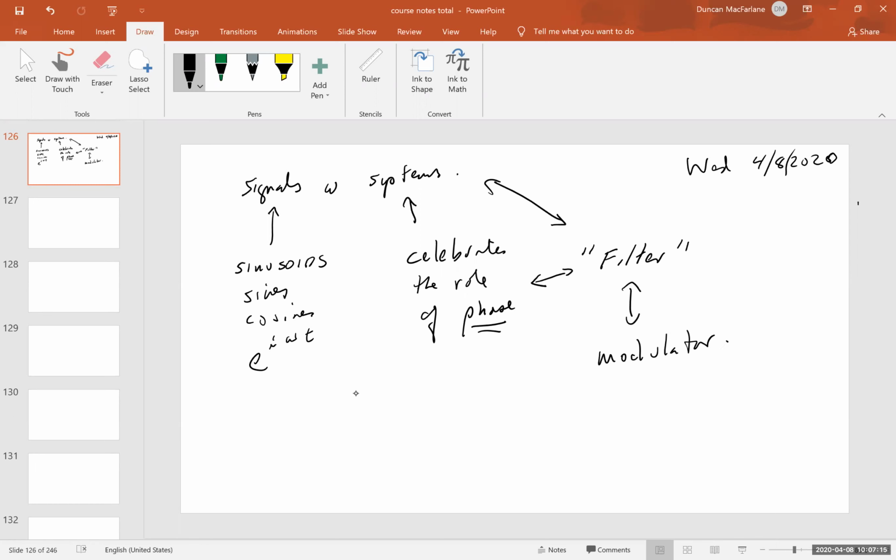We're going to make a connection between modulators and filters that you should be careful of, because this is one example, but there aren't a lot of other examples.